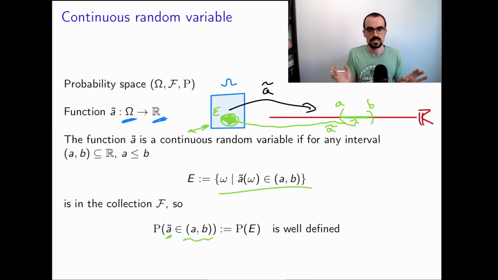But even in theoretical research, you usually don't build these probability spaces explicitly. The point is that any of these probabilities are well defined. And if those probabilities are well defined, then we have a continuous random variable.